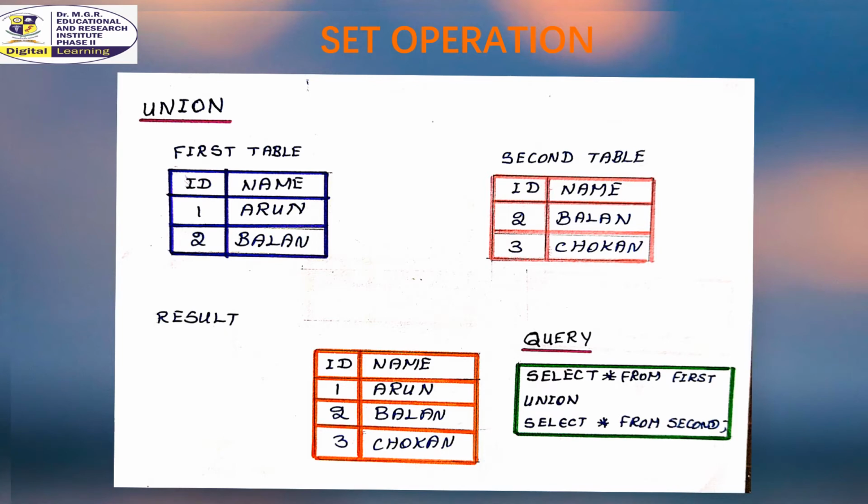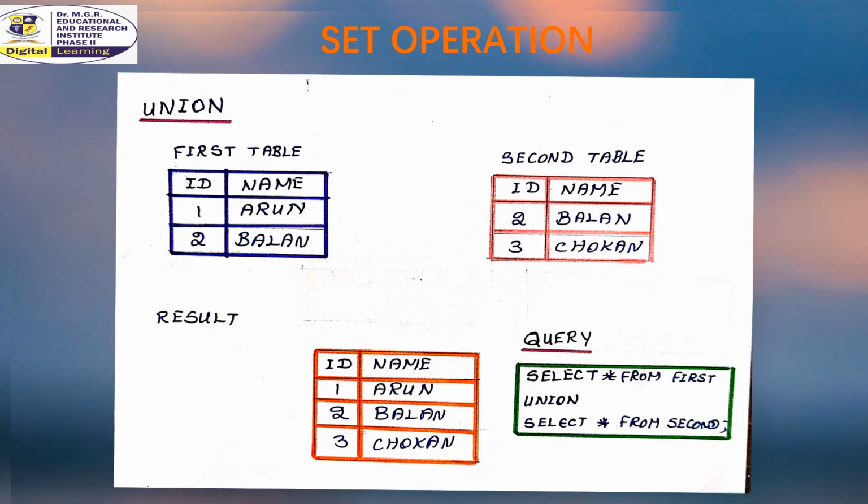Now we will discuss the union operation by taking some examples. In this example, I am going to use two tables, that is first and second. So these are the names of the two tables.